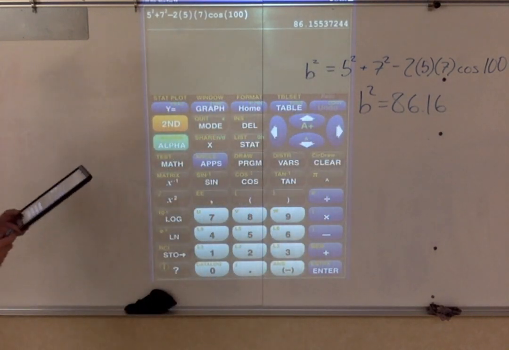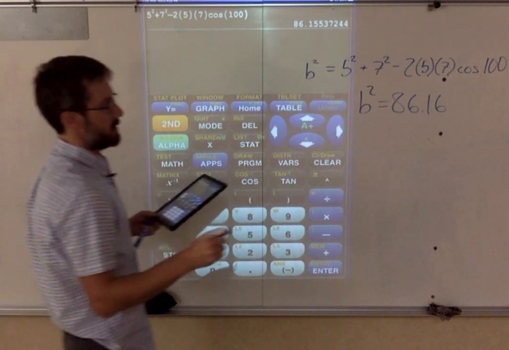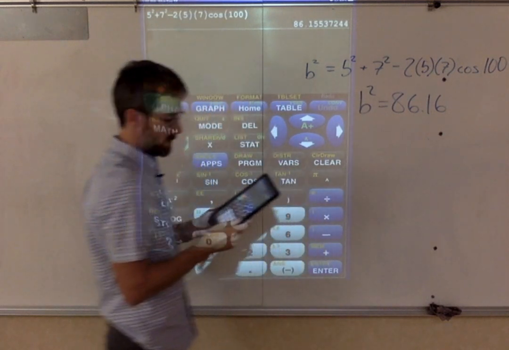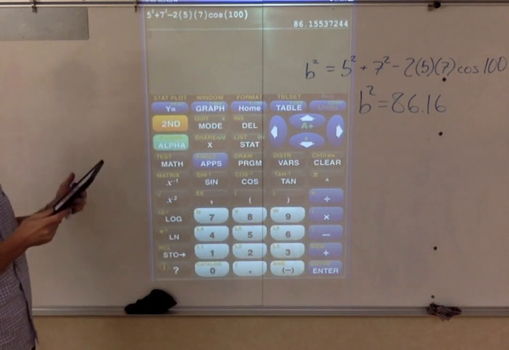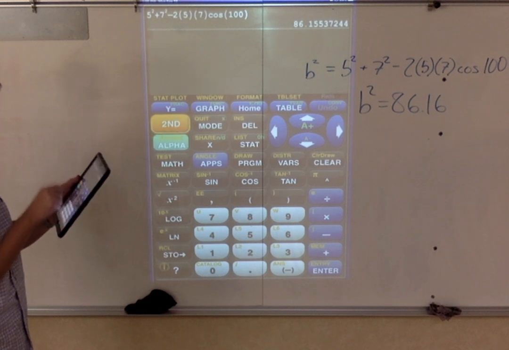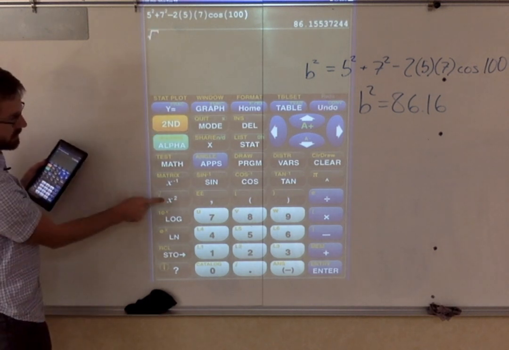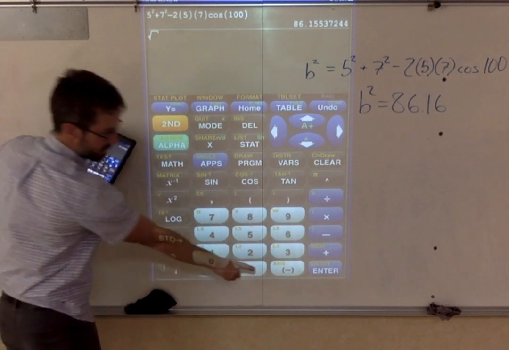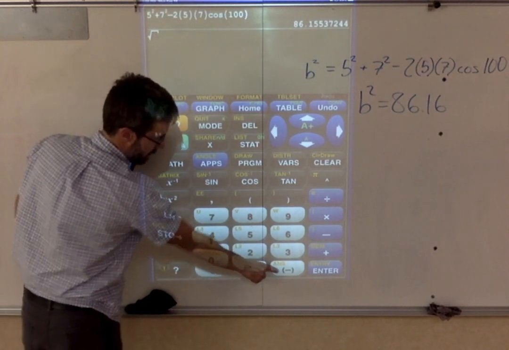All right. Now I need to take the square root of both sides. So you could do this one of two ways. You could just do square root of 86.16, but the way to get it super accurate, if we do second squared, so second squared to get the square root symbol, and then I've got this little answer, meaning my previous answer.